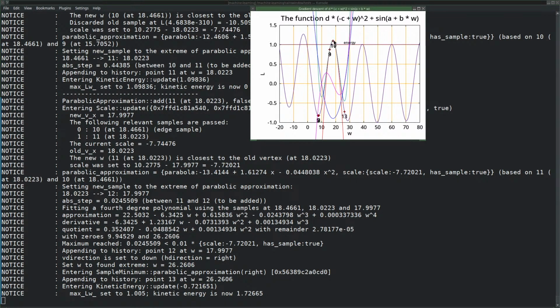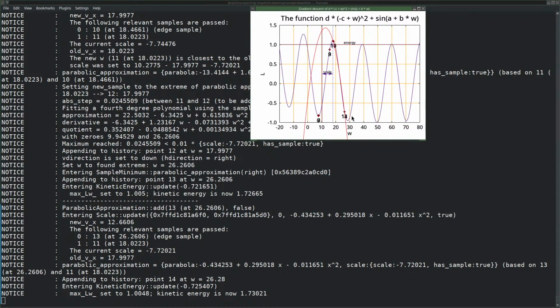We should just continue in that direction. Or is that nonsense? Guess it works as well. So we're going to go now to the lowest of these two, 13. And then again, because the scale was not reset, the first parabola is nonsense. But we continue in this direction anyway.